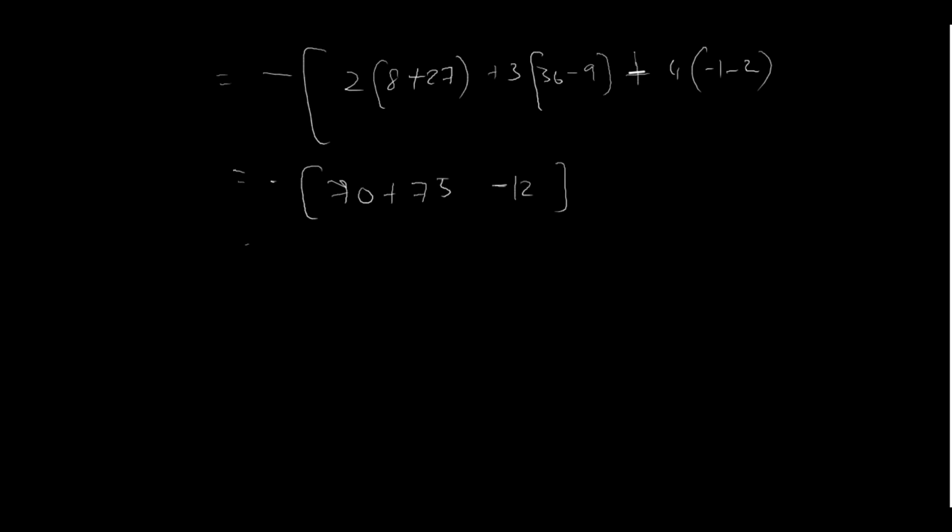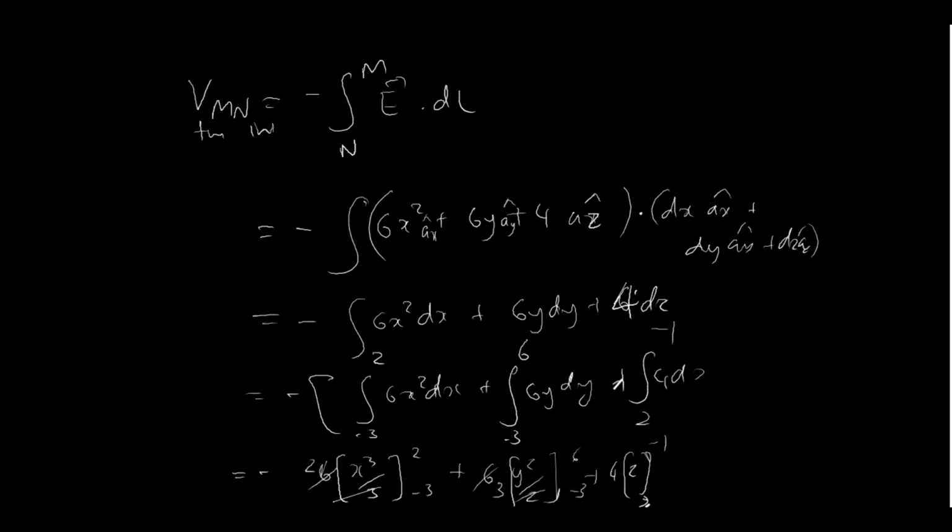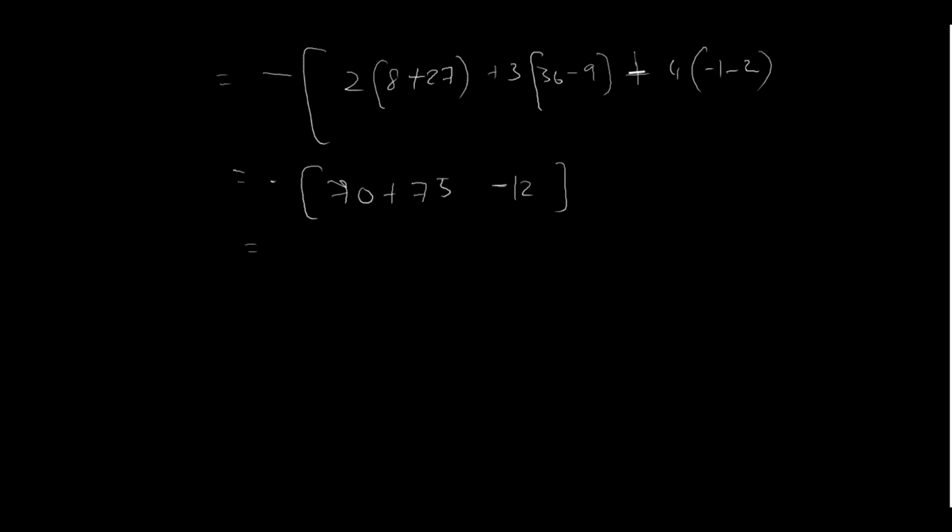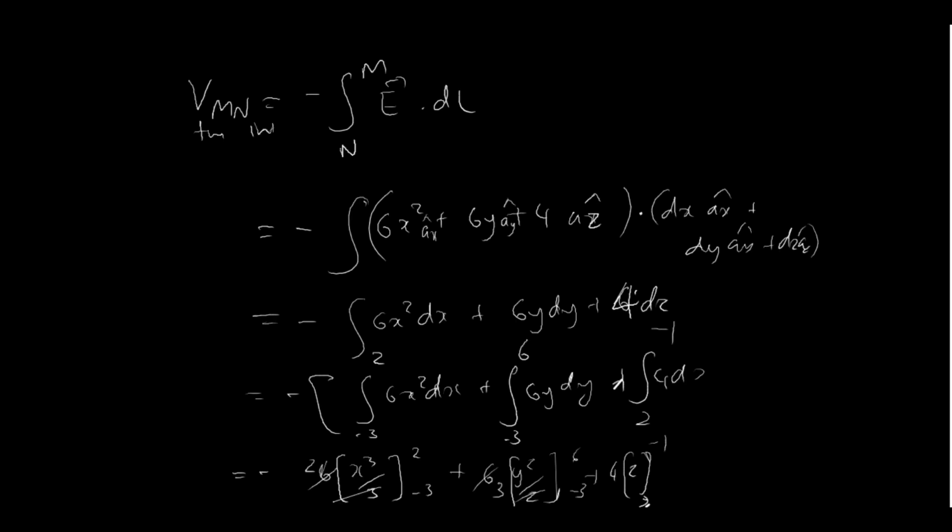Okay, let me check this one again. 6x square dx plus 6y dy plus 4 dz. So x square integrates to x cube by 3, so 3 cancels with 2 times, 2x cube, that will be 2 cube is 8 and 3 cube is 27, so 27 plus 8 is 35, 35 into 2 is 70. Okay, that is correct.